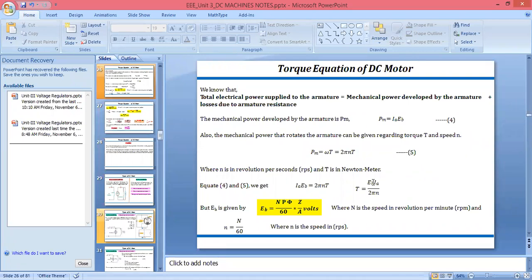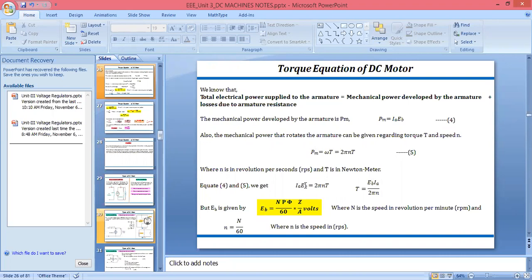We can convert these equations in the form of IA and EB, because when we are equating the power, we take 2 pi n T equal to IA EB.